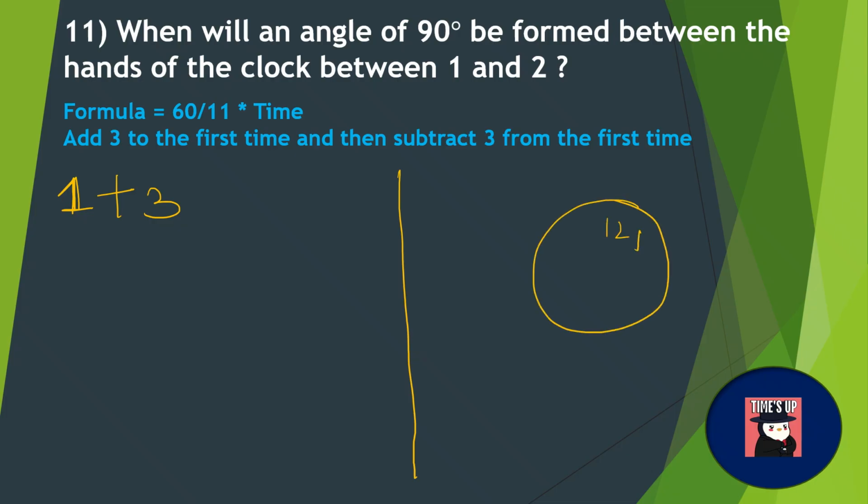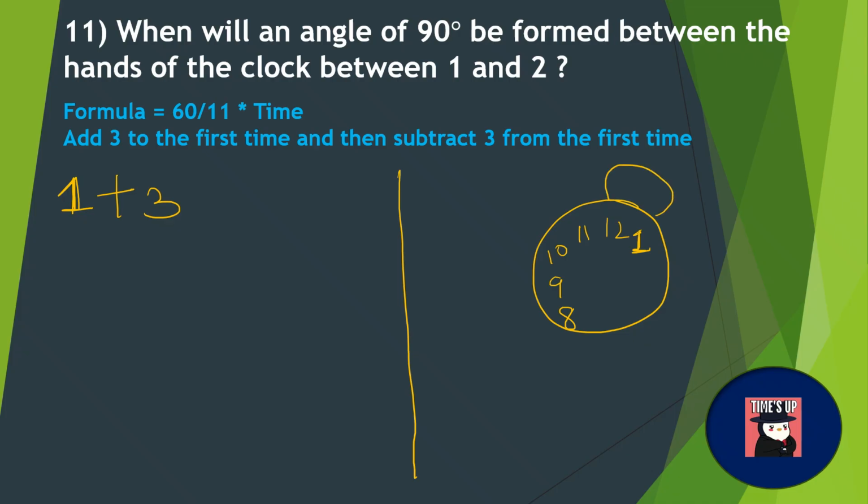1, 12, 11, 10, 9, 8 you have. So minus 3 you need to do. Now it is at 1 o'clock, correct? So from 1 you go backwards, minus 3 in a clock, anti-clockwise you'll go.